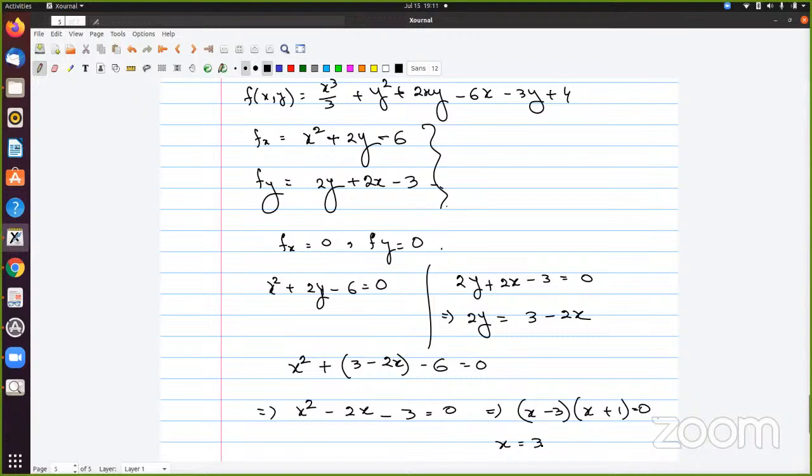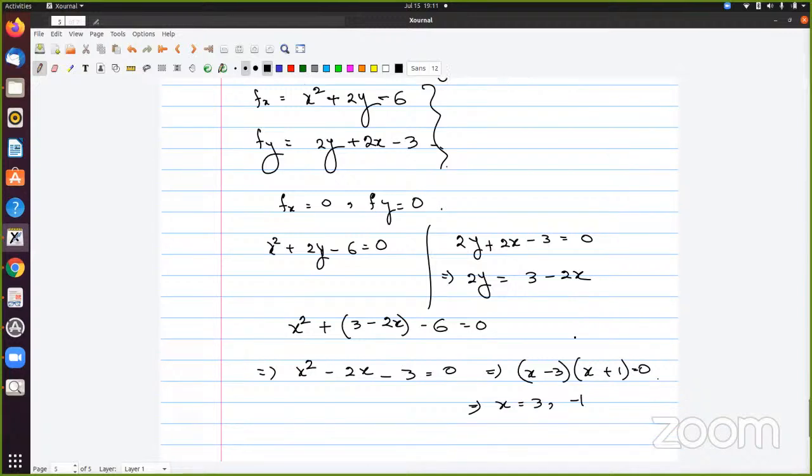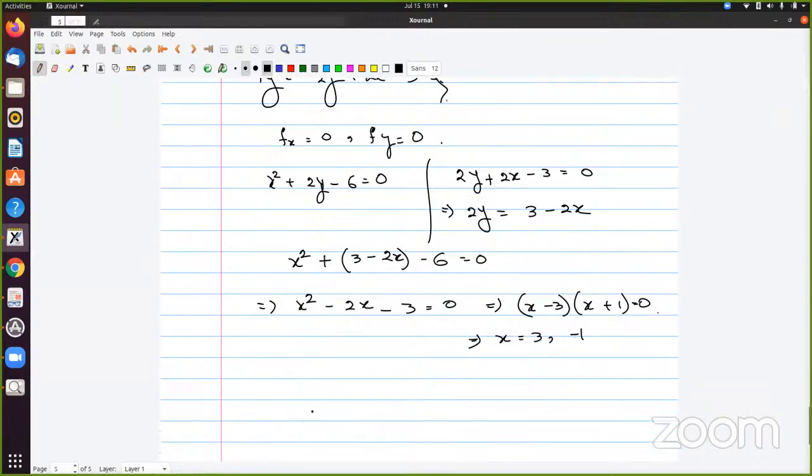So x equal to 3 and minus 1. This is what I got. And what are the possibilities for y then? So 2y is 3 minus 6. So y equal to minus 3 by 2.